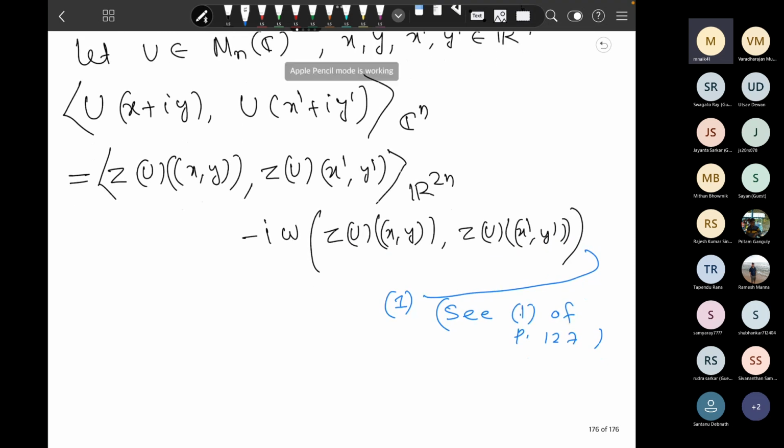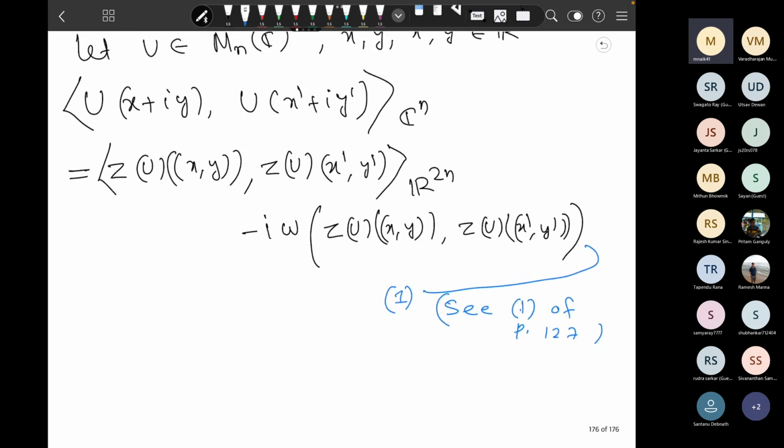So suppose U belongs to the unitary matrices. That means it preserves the inner product of C^n.